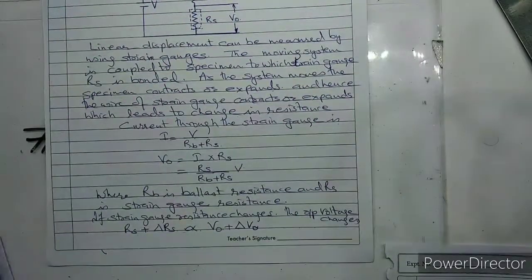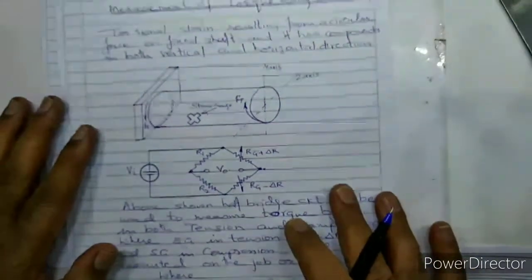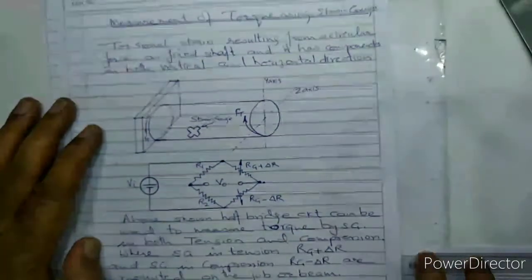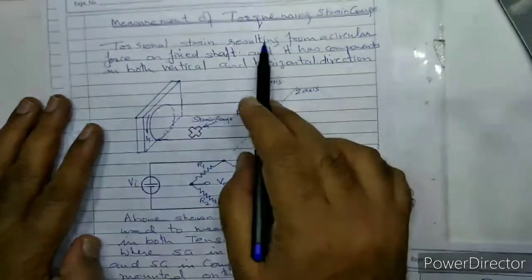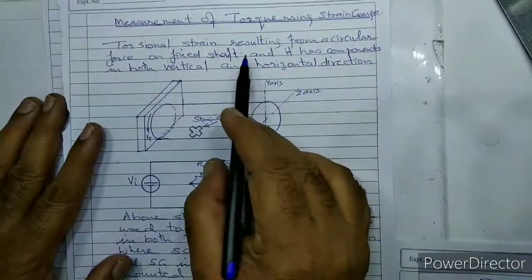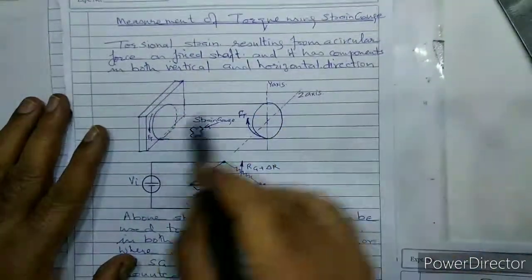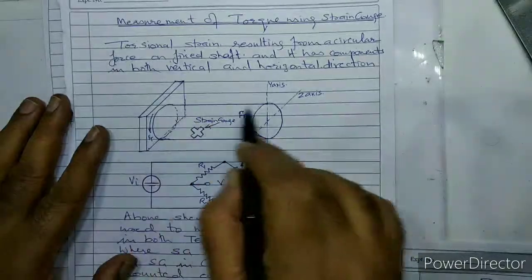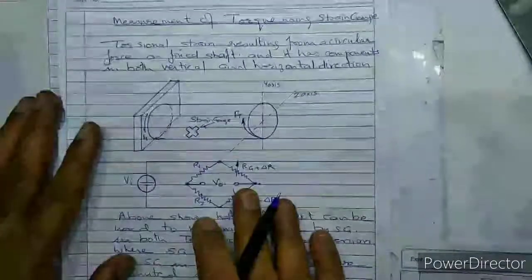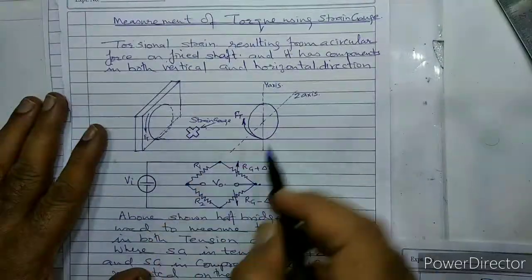Now we can see the measurement of torque using a strain gauge. Torsional strain results from a circular force on a fixed shaft, and it has components in both vertical as well as horizontal directions. So this is a shaft where the strain gauge is fixed.